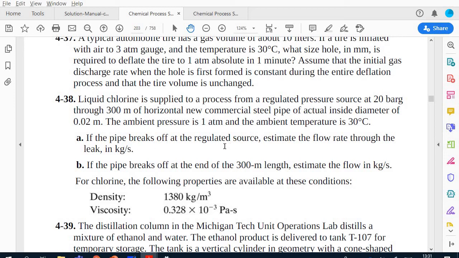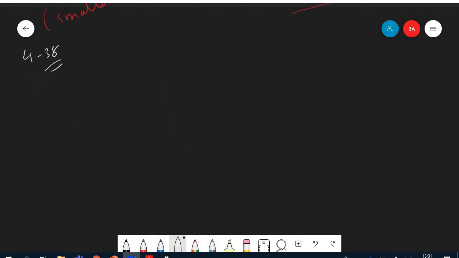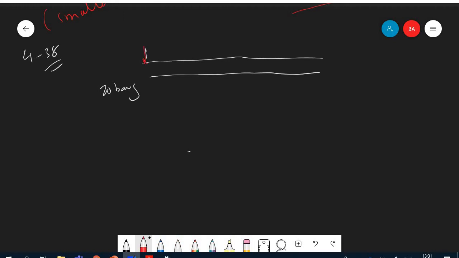And because it's like a source, we could consider this as a whole of that amount of 0.02. It's like the whole area is opening. So what do I have here? This is 438, and I have a pipe, and that is 20 bars gauge, and it's got broken on this side here, right?